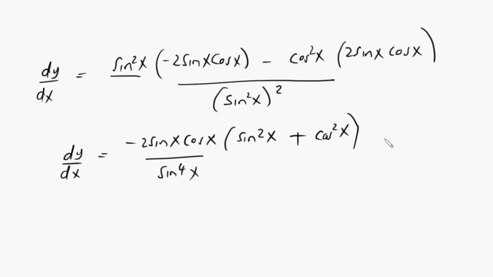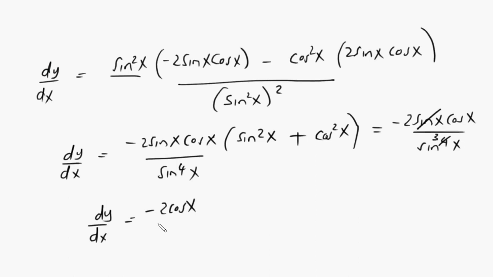Sin squared x plus cos squared x ni 1. Kwa hiyo itakuwa negative 2 sin x cos x over sin power 4 x. Huyo anakufa, hapa inabaki 3. So dy dx itakuwa negative 2 cos x over sin cubed x.